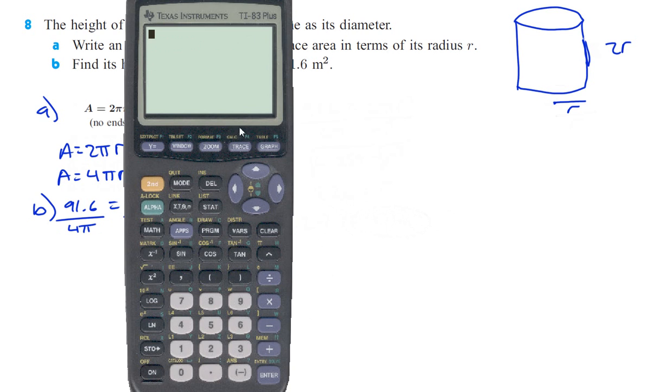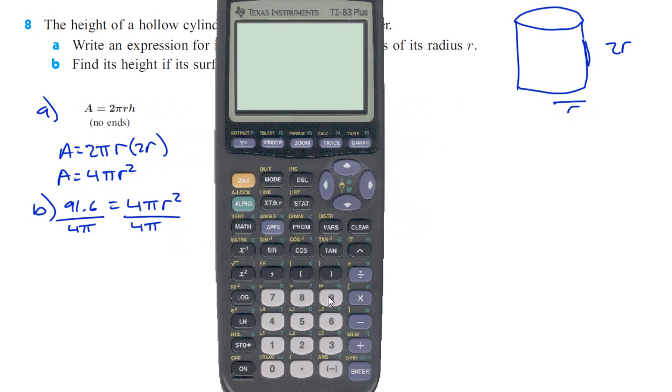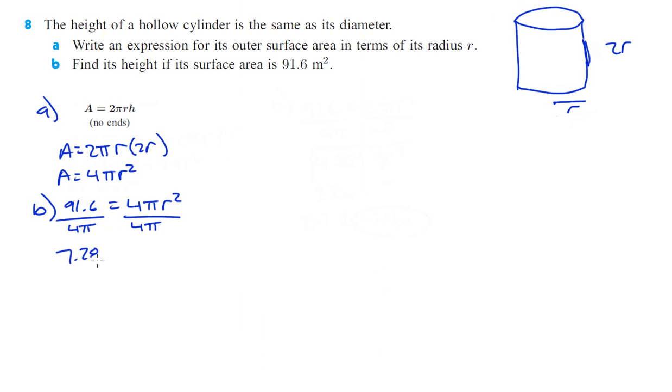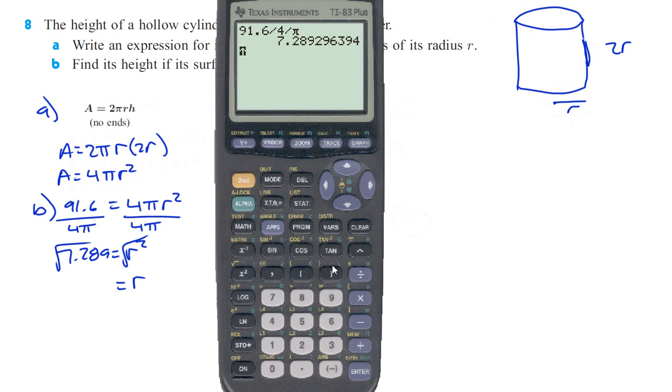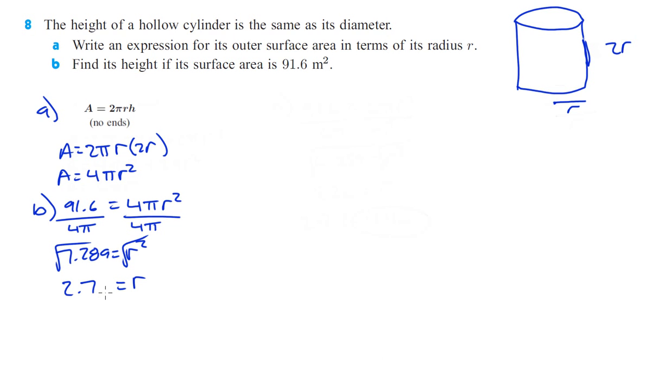So 91.6 divided by 4 and divided by pi gives us 7.289 equals our r squared. So then we square root, and we get that r. So we square root our answer, and we get 2.699. So let's call that 2.7, and that's going to be meters for our radius for that.